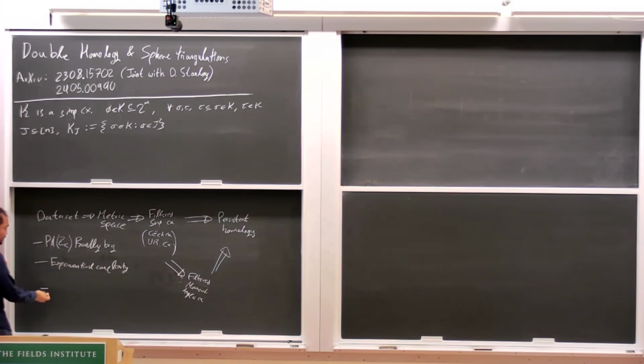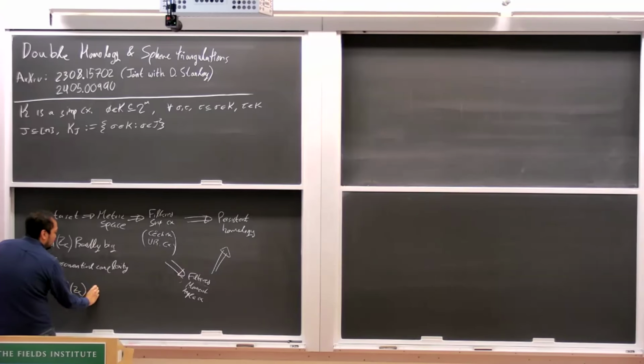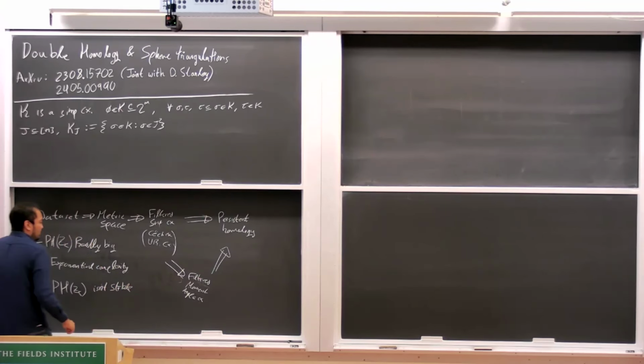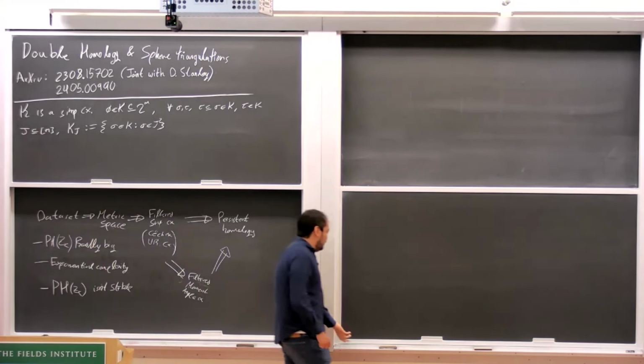The third thing is that the persistent homology of Z sub K is not stable. By stable, I mean that if you modify the data set a little bit, then the persistent homology of Z sub K will most likely be widely different.